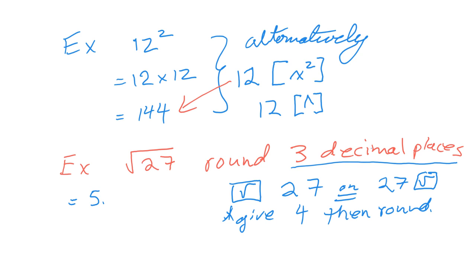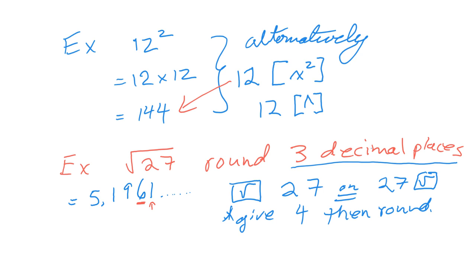So 5.1961, and it keeps going on forever, right? But we're only going to round to this digit, which I'm underlining here, the 6, because the number to the right is less than 5.